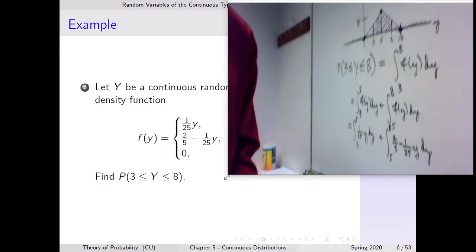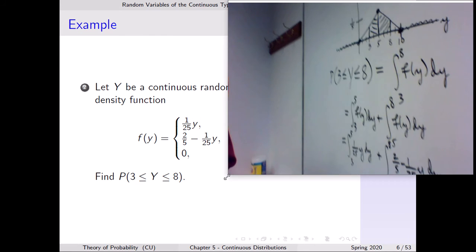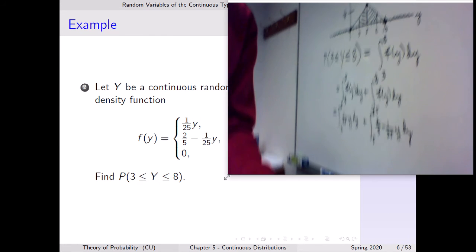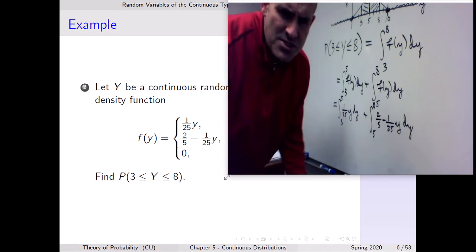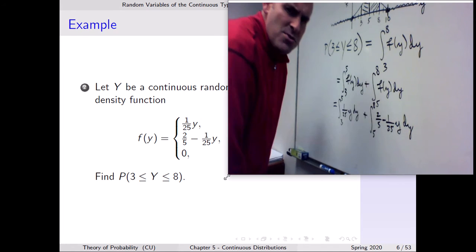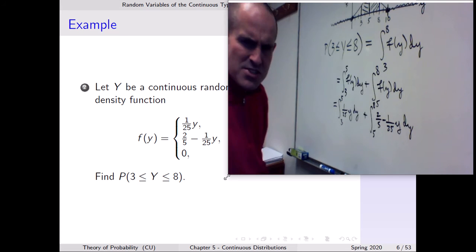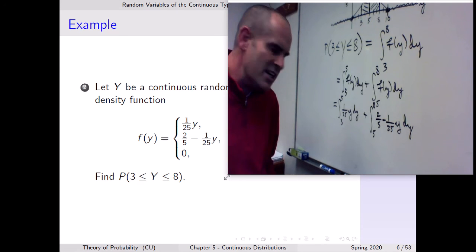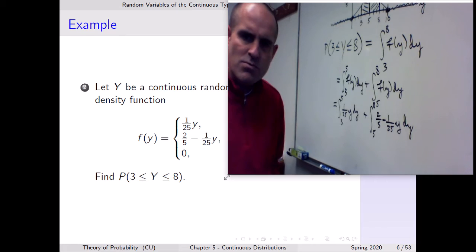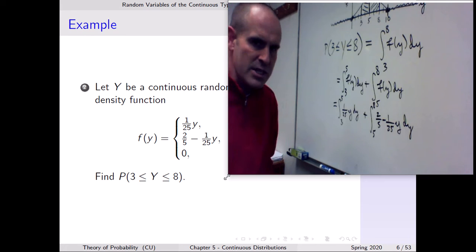Here, I'm going to bump this down a little bit. So there we go. So let's actually do this integration. I thought it would be helpful just because maybe you haven't done some integration in a while. So this will just dust off the old cobwebs a little bit.